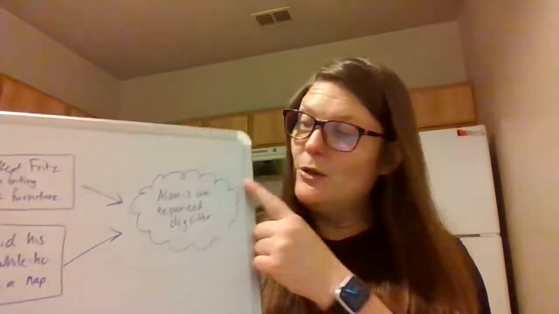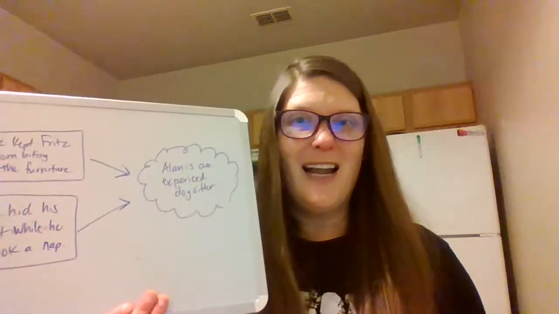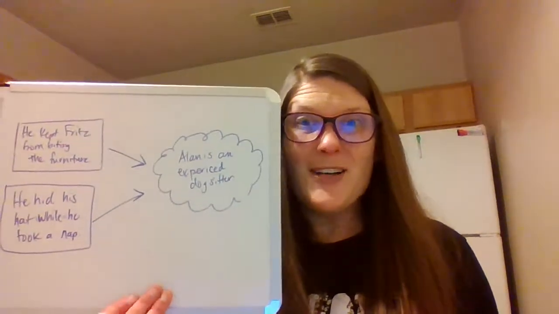That way you won't have to wait so long on me. Then I'll draw a box around that, and I'll draw an arrow to my thinking cloud. So two clues from the book made me think that Alan was an experienced dog sitter. You see how it works?